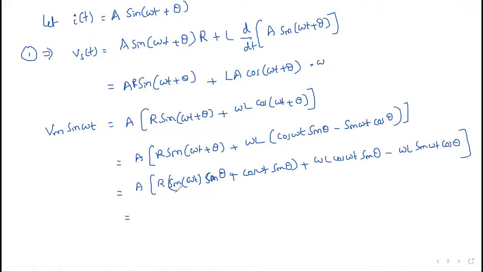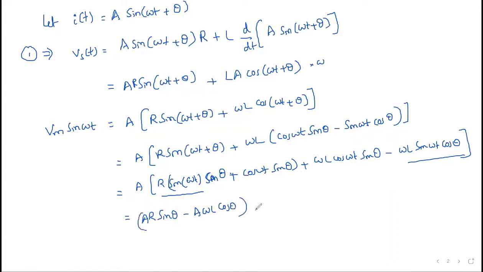Now I can take something common. Here I will take sin omega t and cos omega t separately. Here I have one sin omega t term and here I have one sin omega t term, both I will take common. So what will I get then? A into R sin theta and this term minus A into omega L cos theta.